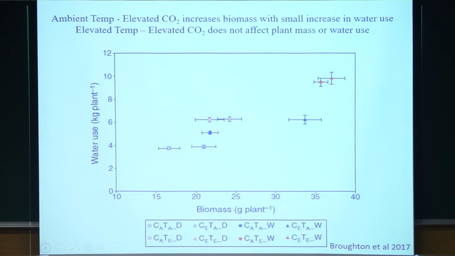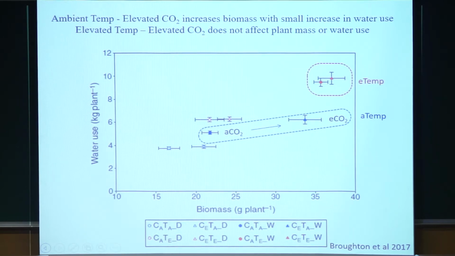And then what we did is we looked at whole plant water use over the course of the season and mass production. And we found that under ambient temperature conditions, elevated CO2 increased the biomass with a small increase in water, which is what we've been told for a long time, that somehow elevated CO2 would be the panacea, that we don't have to worry because with higher CO2 under ambient temperature, that's probably true.